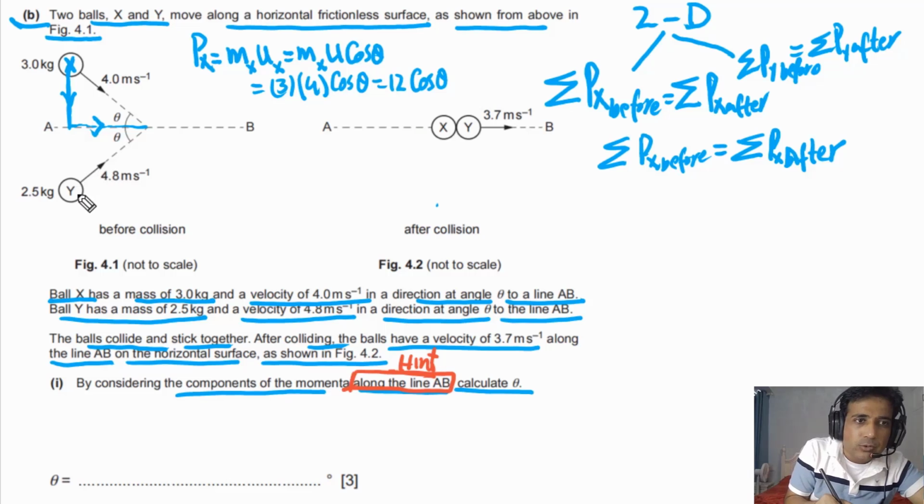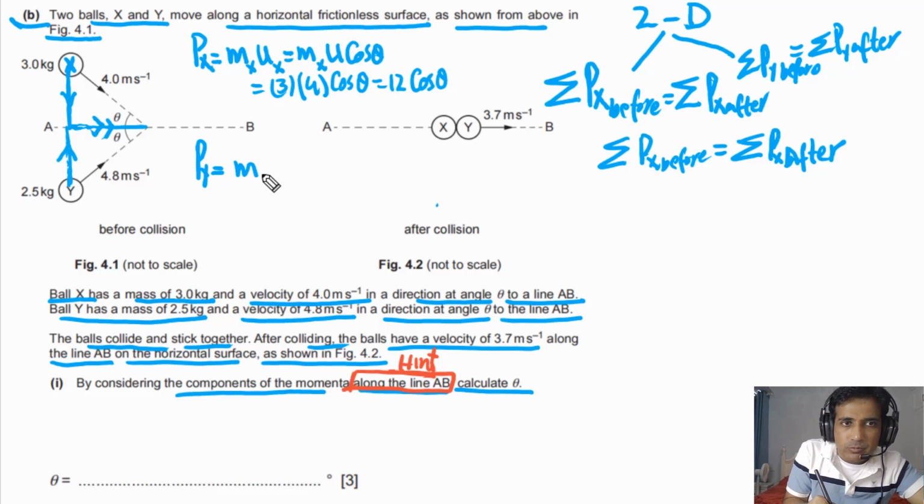Now we need to look at the momentum of ball y. If you look at the momentum of ball y, it also has two components. One component is vertically up and one component is along the line, and this is to the right. So we can write down the momentum of ball y. The momentum of ball y will be equal to mass of ball y times velocity of y along x, meaning this velocity along x.